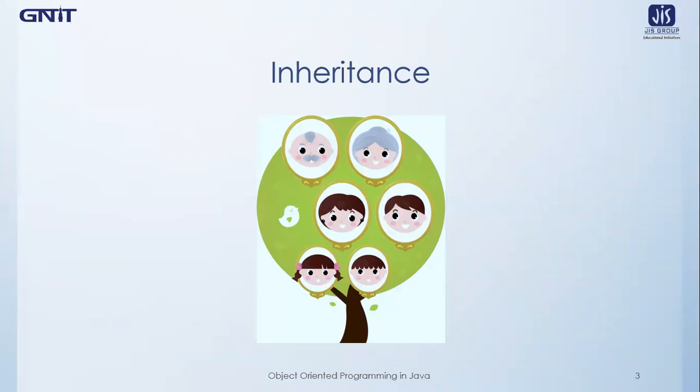So this is what we call a family hierarchy or inheritance concept in a family, where generations after generations will inherit the characteristics that are there inside their parents. The same concept when applied in a Java program is known as inheritance.